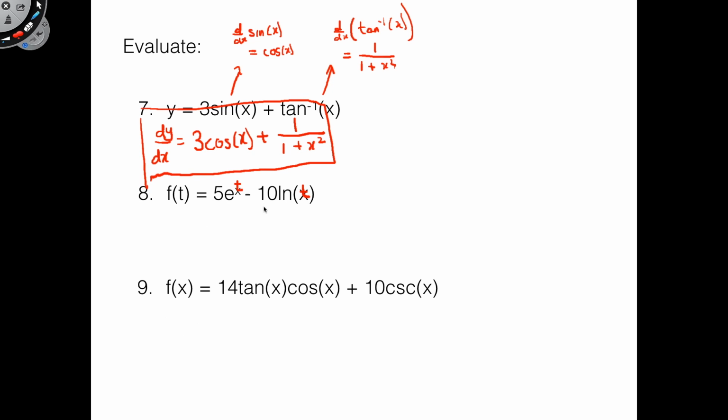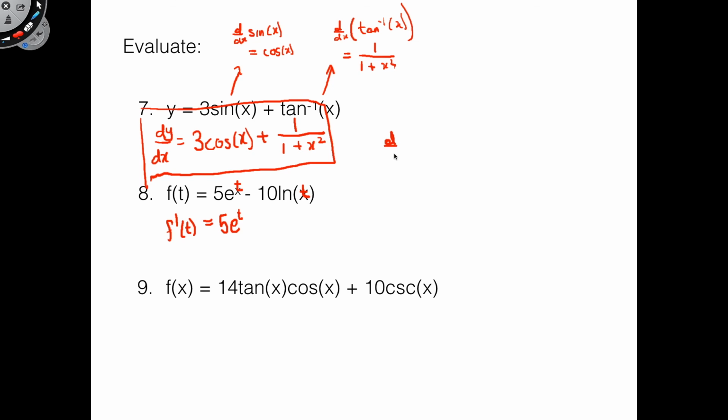So f of t equals 5e to the t minus 10 ln of t. Again, this is basically just to test if you've memorized the rules. So f prime of t is going to be 5, and the derivative of e to the t is, if you remember, e to the t, right?